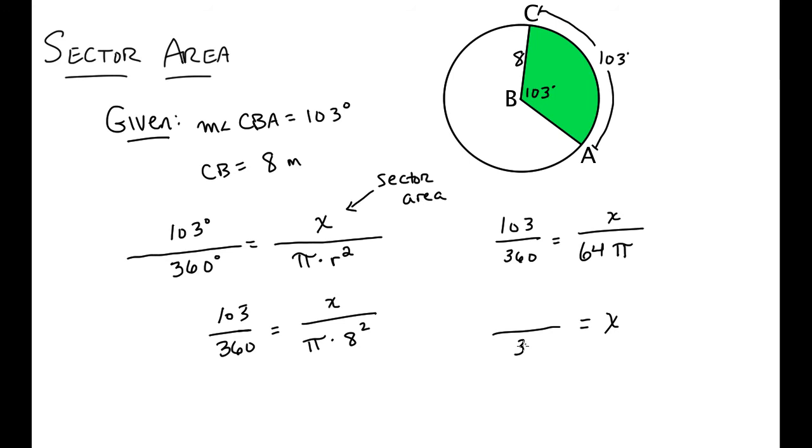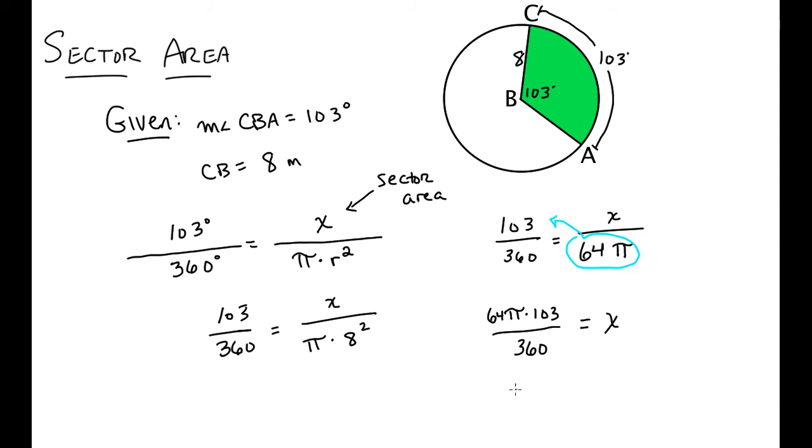We're going to keep the 360 in the bottom, and all we're going to do is multiply 64 pi by 103, divided by 360. The only thing we're moving is this, and we're basically just moving it way up there.